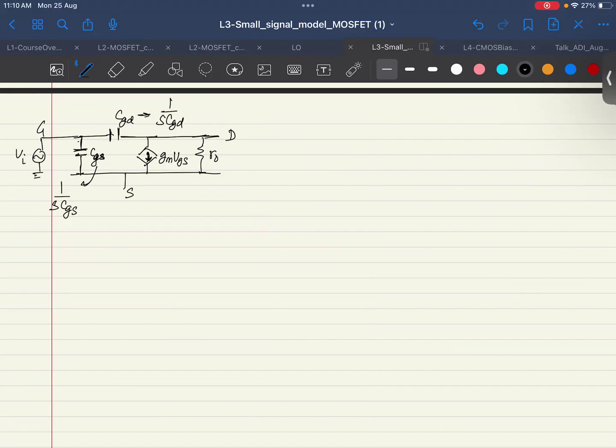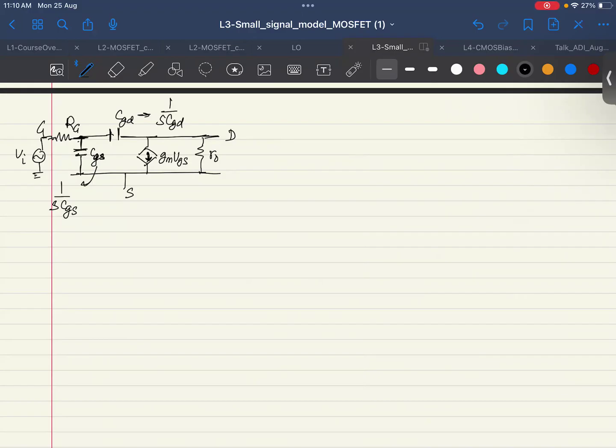And we are also going to introduce a resistance here, because we saw last time also that the gate itself can have a resistance, right? So let's call it RG, right? Because the gate is also made of metal and it could have a resistance like how we are having in the channel. Similarly, source and drain also could have, but this is how we are going to start with first.